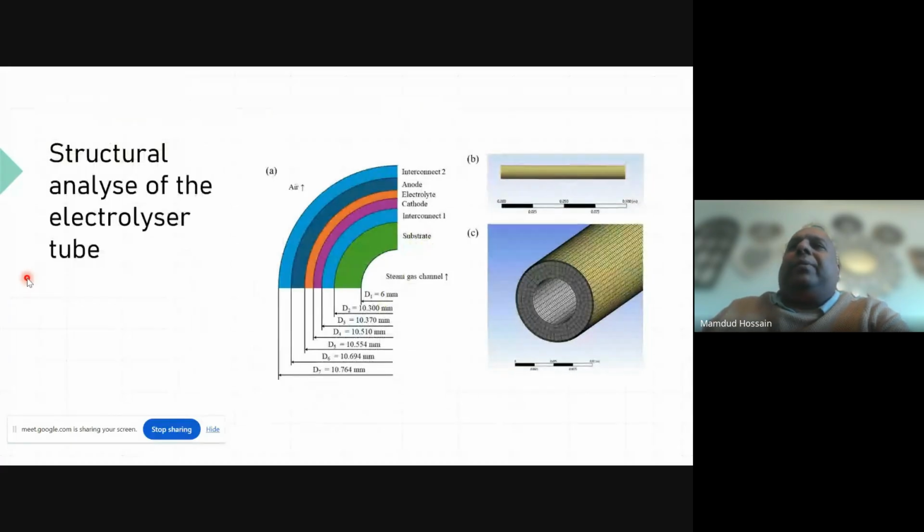Not only that, we also looked at thermal stress on the system. So we have simplified our simulation. We have this stainless steel substrate. On top of that, we have different layers of cathode, electrolyte, anode and two interconnectors to carry electrons from anode to cathode. And we have looked at thermal stress on the system.